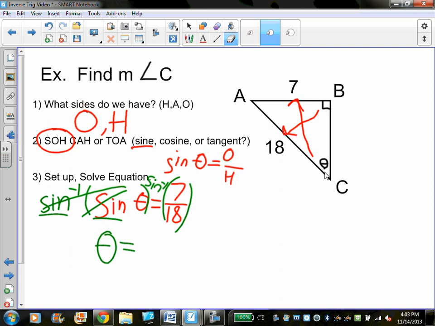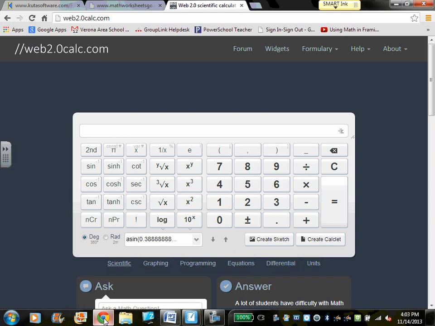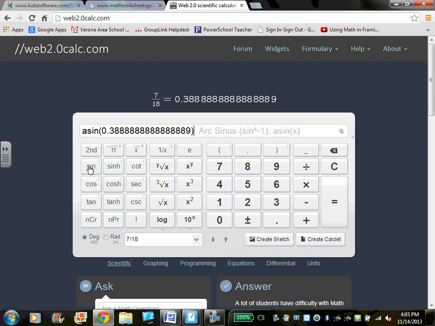Here's my recommended way of doing it. I would enter in the 7 over 18 first, so I get 7 divided by 18 equals, and you're going to get a decimal. Most calculators are equipped where you're going to have to get the inverse sine, and you're usually going to do that by hitting second, then sine. Some calculators will wrap parentheses around these numbers.